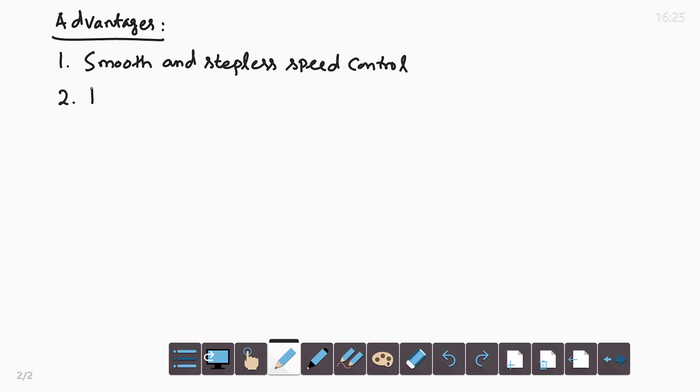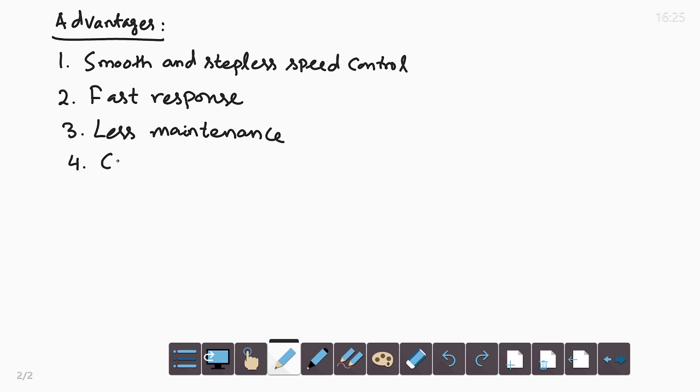Fast response, because of the chopper switch, the response is fast. Less maintenance compared to conventional schemes, compact size, simple closed loop control. As you have seen, the closed loop scheme is very simple.